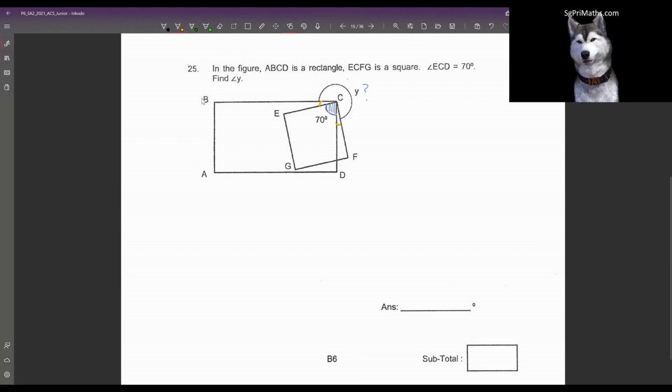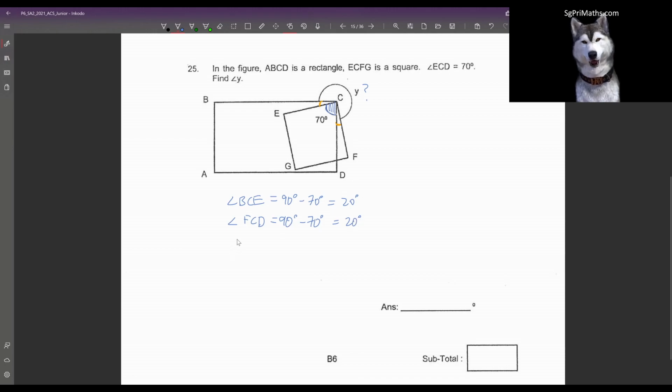Okay, so let's get started. Angle BCE, which is this angle here, will be 90 degrees, a right angle, minus 70 degrees equals 20 degrees. Now we want to find this angle, angle FCD, equals 90 degrees minus 70 degrees, giving us the same 20 degrees.